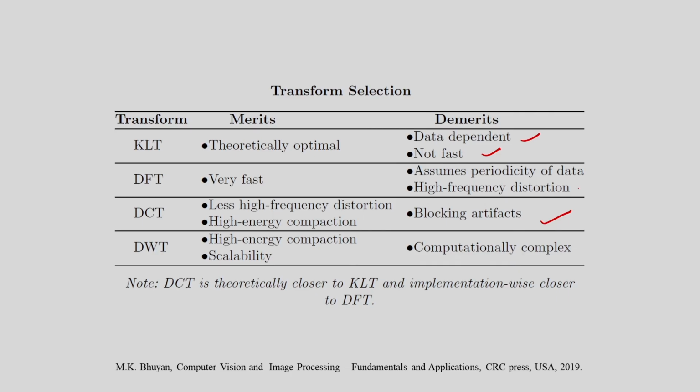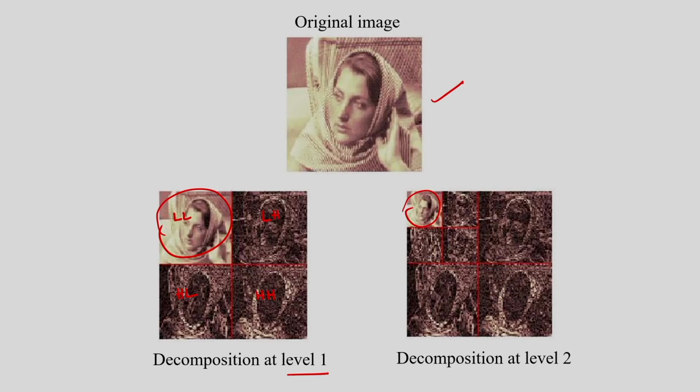And if you see the previous figures, again I am showing the previous figure here. Suppose in this case I am doing the decomposition. One application I can explain is image compression. For image compression I can do this decomposition, and for the low frequency component, that is the LL component, I can allocate more bits because it has more visual information as compared to the other components, that is the high frequency components.